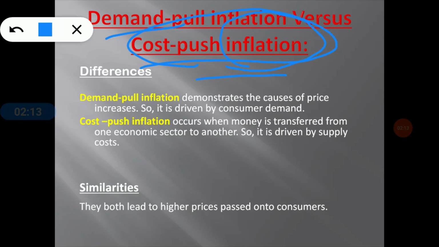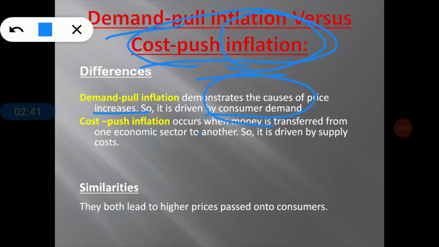So now going to the differences. The demand pull inflation demonstrates the causes of price increases, and it is driven by the consumer's demand, because demand is related to the consumer and supply is related to the producer. Cost push inflation occurs when money is transferred from one economic sector to another, because all are in a chain.